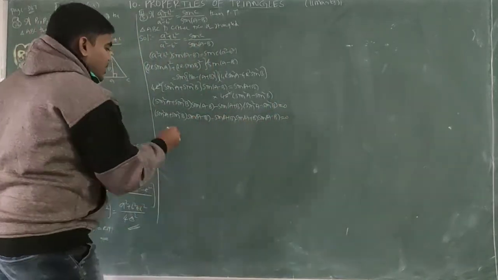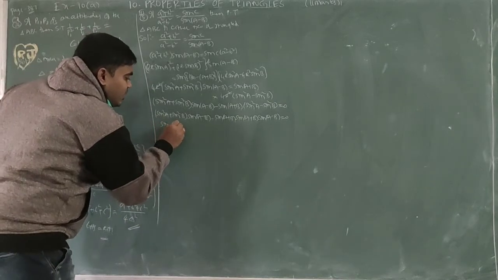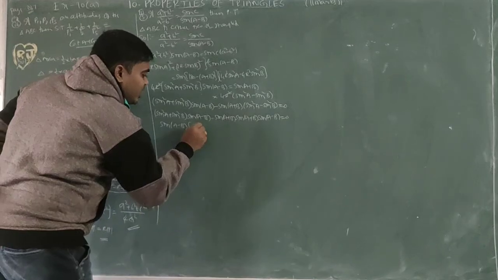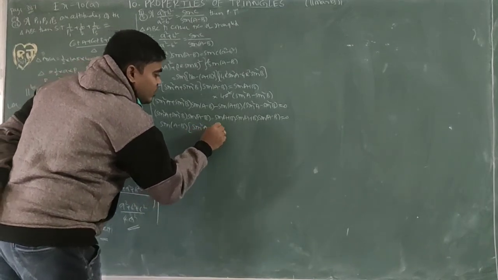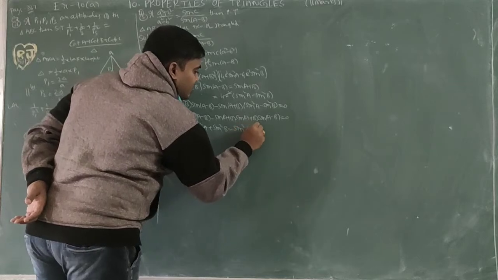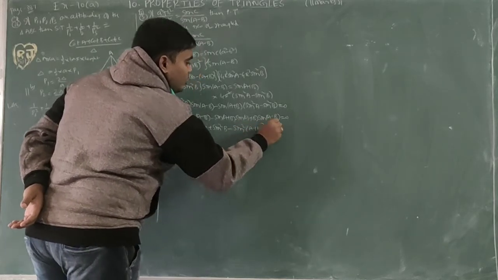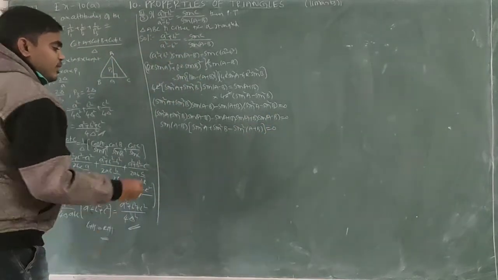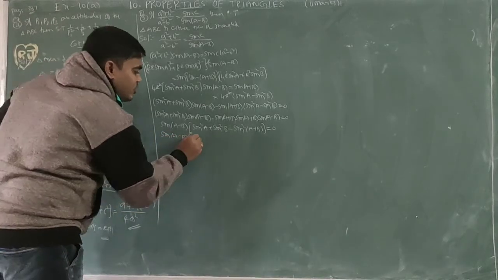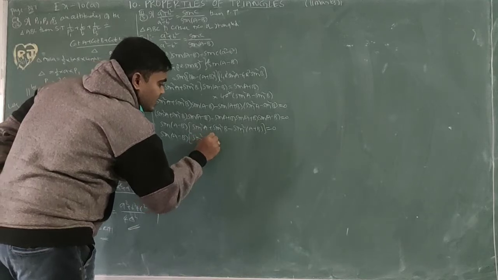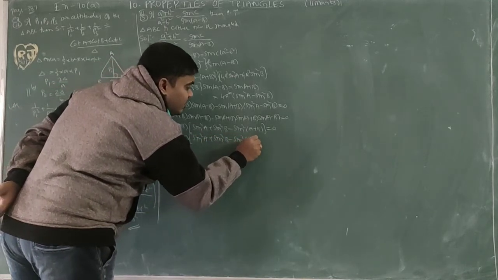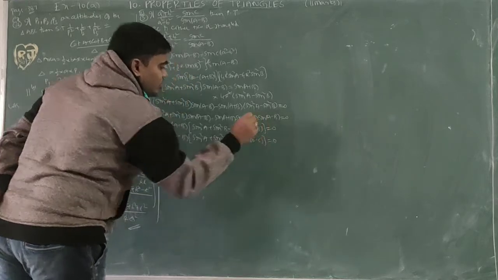sin(A − B) is common. If we take sin(A − B) common, we get sin(A − B) times (sin²A + sin²B − sin²(A + B)) equal to 0. So sin(A − B) times (sin²A + sin²B − sin²(180° − C)) equal to 0.